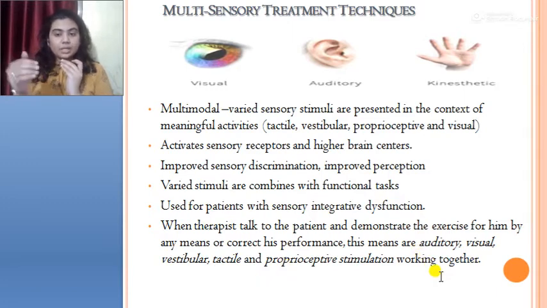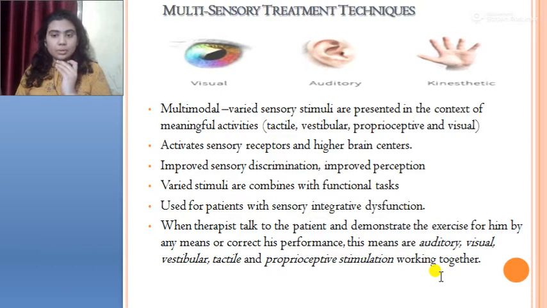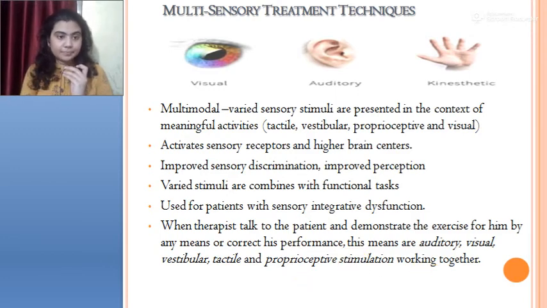If I give another example, if I am giving a command to the patient, meanwhile positioning the patient's hand passively to certain degrees, and also providing pressure to the hand, then with the command I am using auditory stimulation, with the pressure I am using touch and pressure sensation, and by giving passive movement I am also using exteroceptive sensation. So this is an example of multisensory treatment techniques, right?